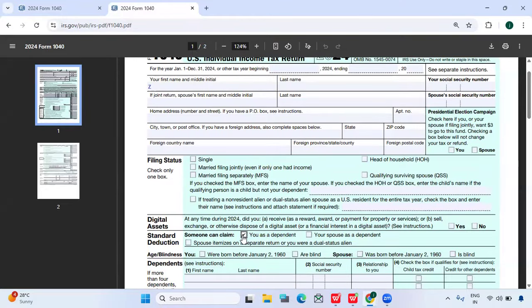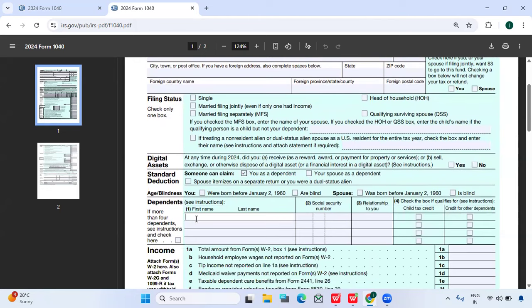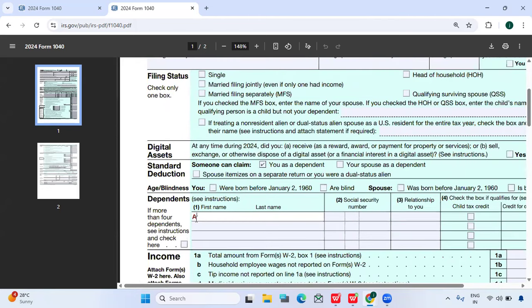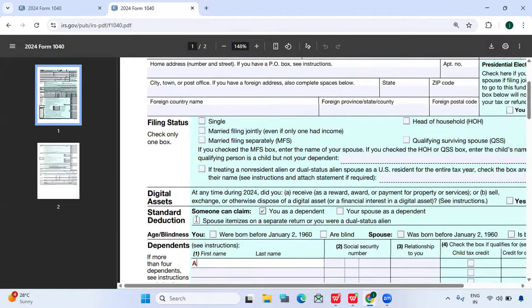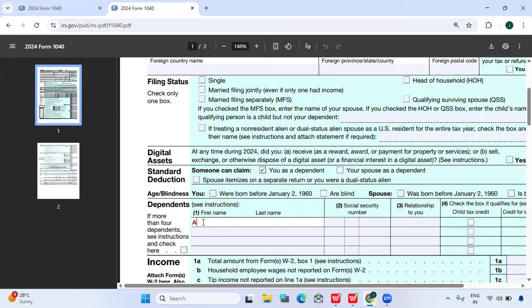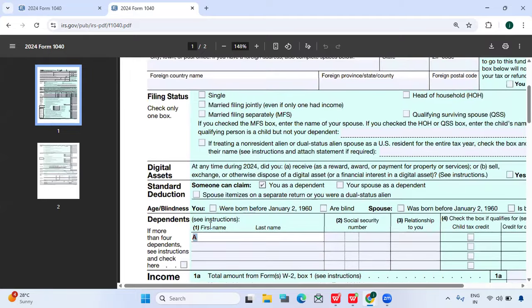For Z, we will select this. If you select this, you cannot claim another person as a dependent. Now, Z is providing some benefit to Mr. A. Actually, A is dependent on Z. Can we file like this? No, you cannot do that, because Z himself is a dependent, so he cannot claim another person as a dependent.